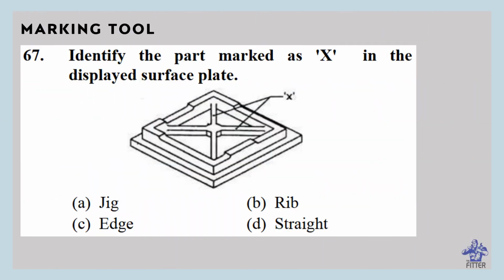Identify the part marked as X in the displayed surface plate. That is a rib, option B. A surface plate is generally square or rectangular in shape.